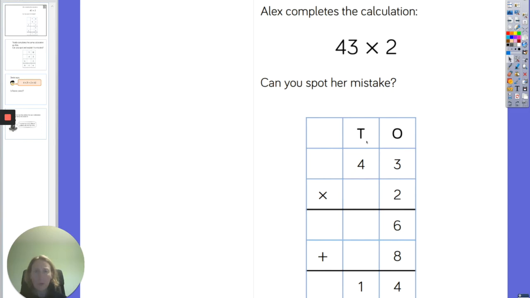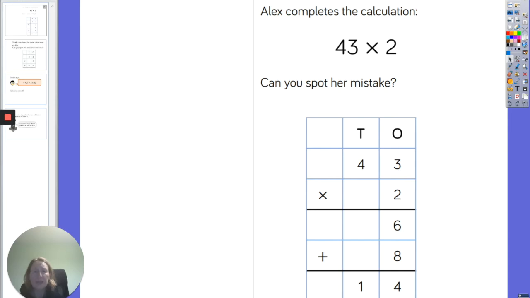So if we go back to that first one, which was Alex's calculation. He said 43 times 2 is 14. And he has started with the ones, which we always do. So he's done 3 times 2, and he's written 6, which I think you'd agree is correct.